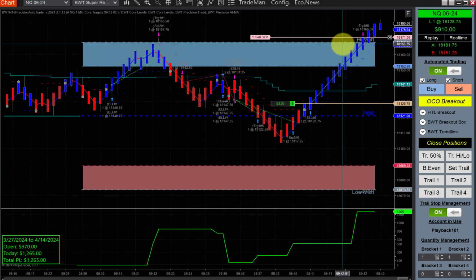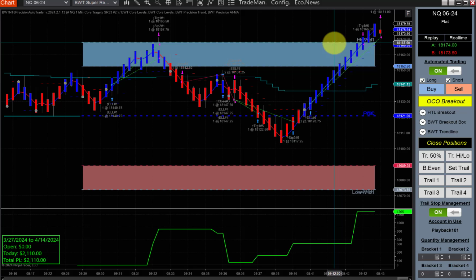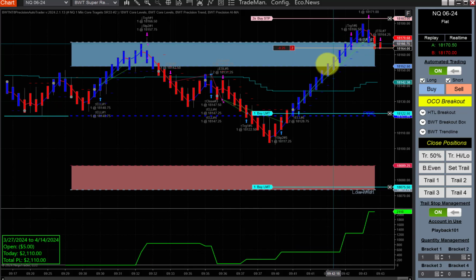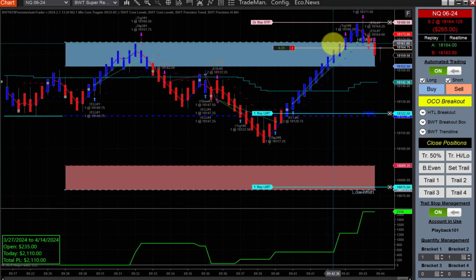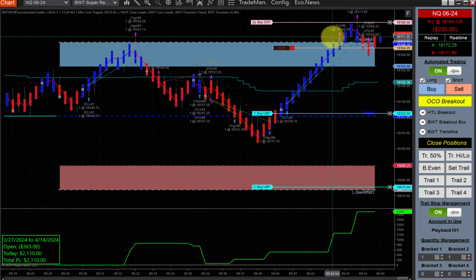So notice again that profit target was here at the core level, and I think at 100 ticks I'm trailing by a bar and a couple of ticks.